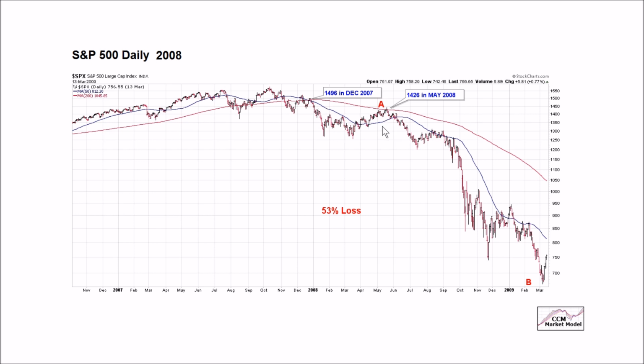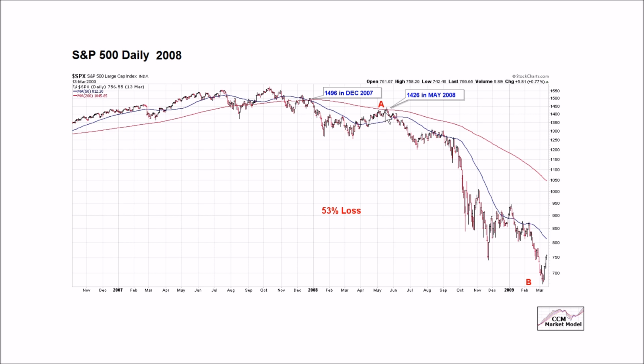Further along in the bear market, the trend in the market is much weaker, and when we come up to the 200-day, rather than having the 50-day be above the 200-day, the 50-day is lagging behind when we fail here. This period here is weaker than this period here from a trend perspective.